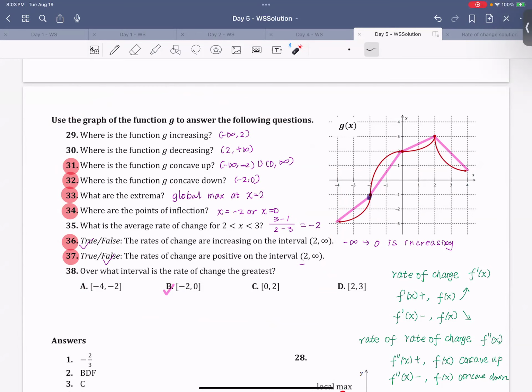This is just the first one, because this question summarizes everything you have learned so far. First, rate of change is increasing or decreasing. Rate of change is a second derivative. It's called concavity. Positive is concave up, negative is concave down.